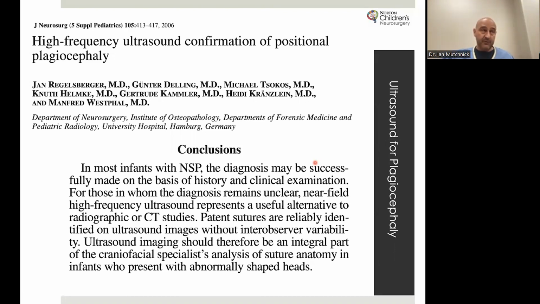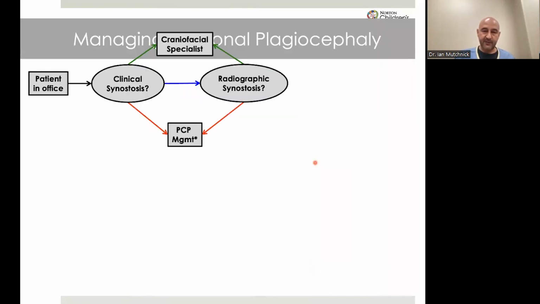It turns out that skull X-rays, CTs, and ultrasounds can all give us false negatives and false positives, in my experience, at about the same rate. So none of these is perfect. There's really no reason not to start with something that doesn't have radiation. And again, if you want to send them our way without radiography, I think that's fine too. I think ultrasound imaging should be an integral part of the evaluation of this.